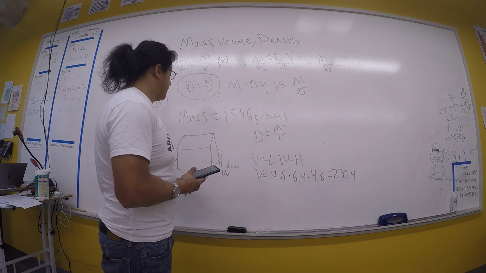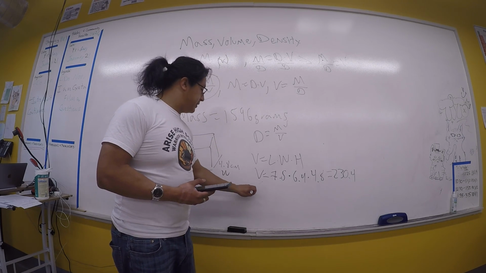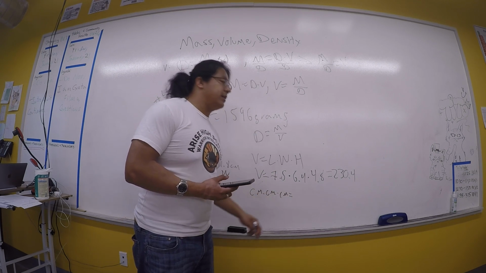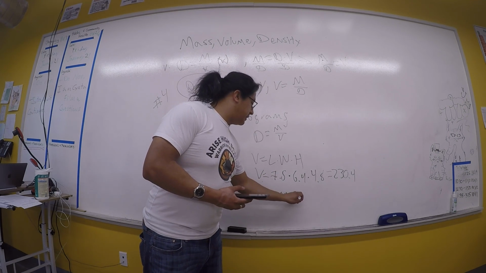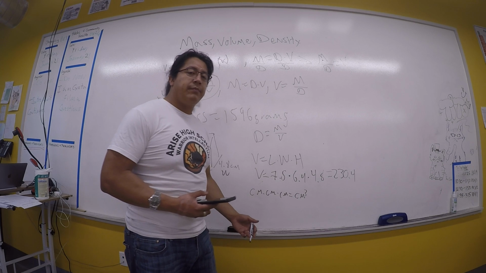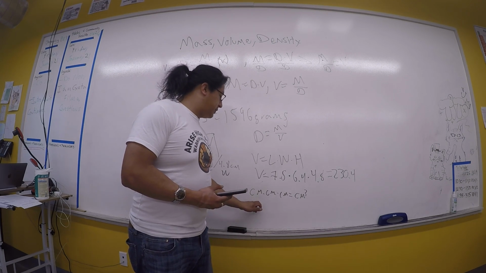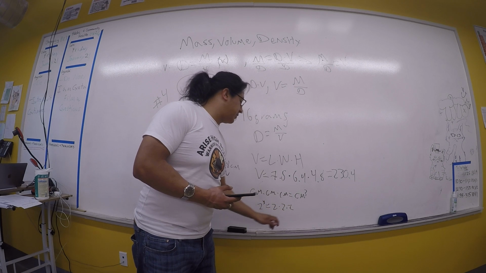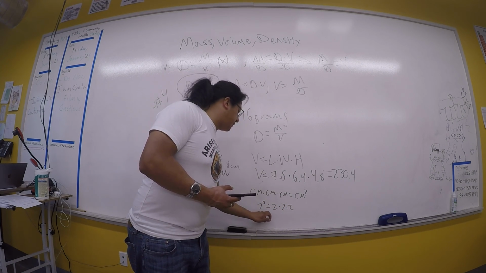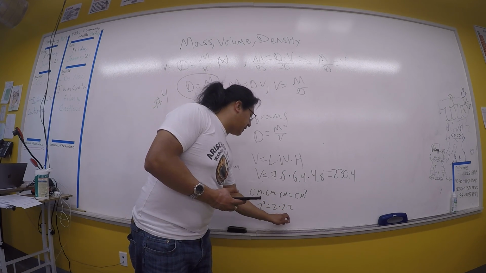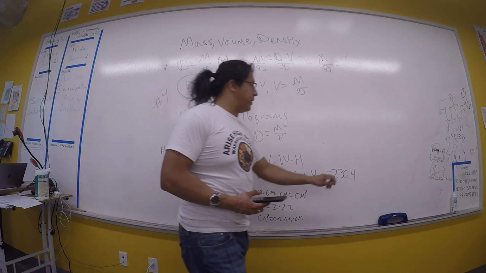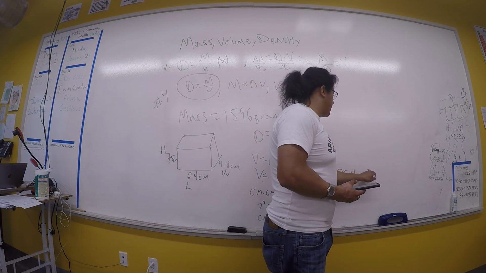Everything is in centimeters, and it's just like numbers: centimeters times centimeters times centimeters is centimeters cubed, if you guys have done algebra. Because 2 cubed equals 2 times 2 times 2. Centimeters cubed equals centimeters times centimeters times centimeters. Same thing. So we got our units, centimeters cubed.